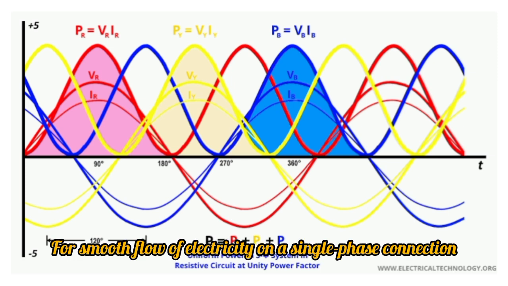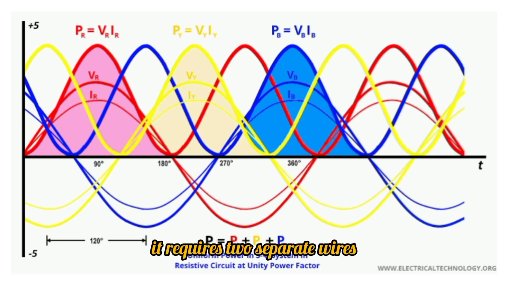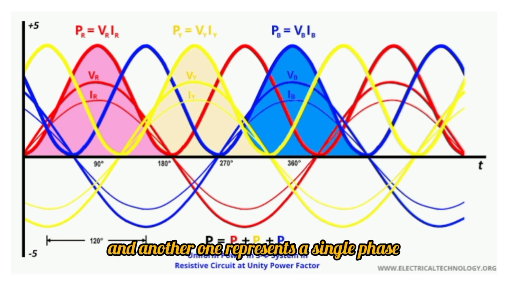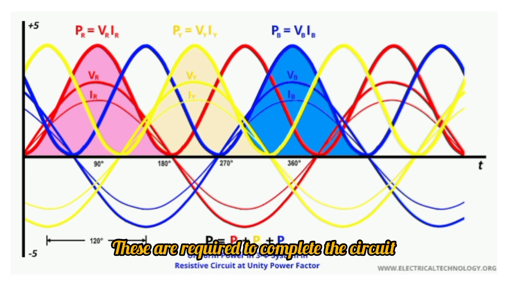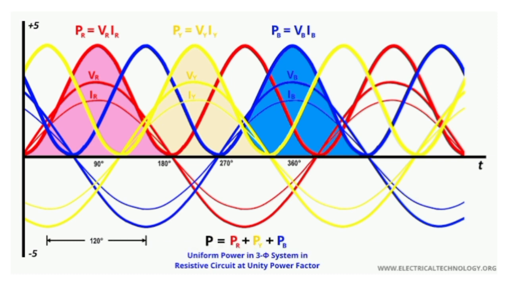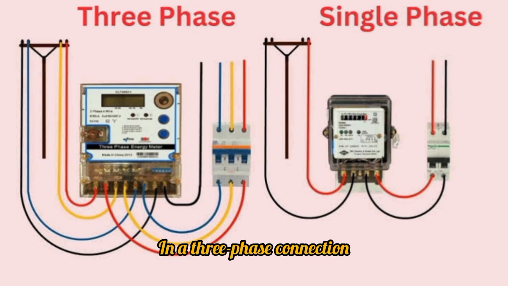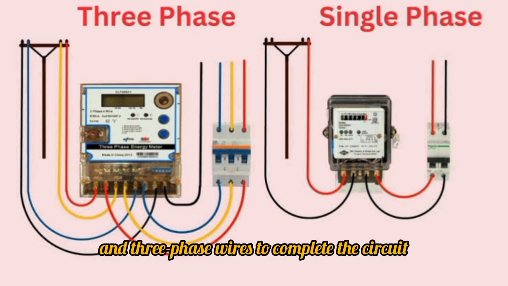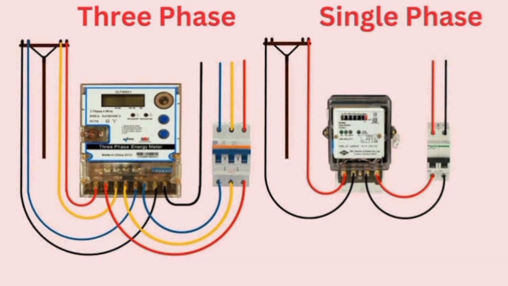For smooth flow of electricity on a single-phase connection, it requires two separate wires. One represents the neutral wire and another one represents a single phase. These are required to complete the circuit. In a 3-phase connection, the system requires one neutral wire and 3-phase wires to complete the circuit.